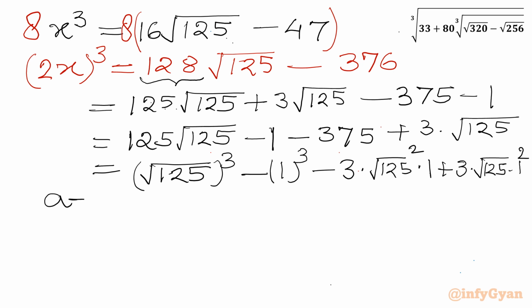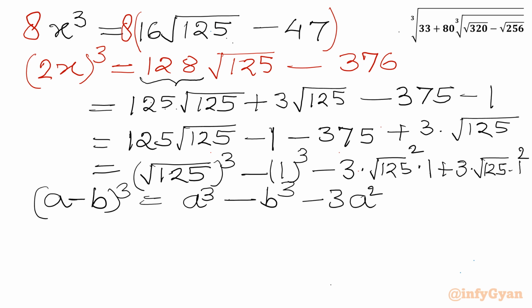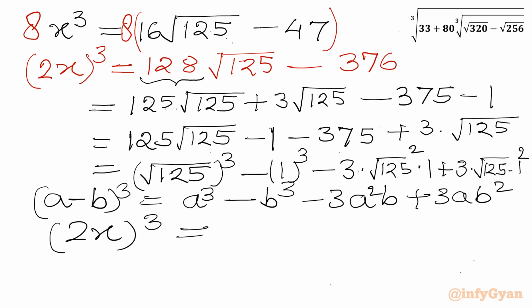Again, I will be writing a minus b whole cube formula, which will match with our RHS. Formula is minus 3a square b plus 3ab square. So left hand side is 2x whole cube. Right hand side is square root 125 minus 1 whole cube.